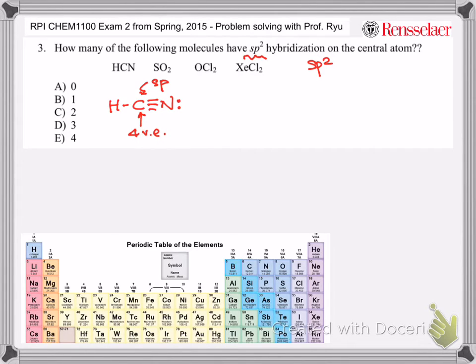And for the case of SO2, now we should think about how to draw it. Once again, the sulfur stands in the middle, in column 6. So there are 6 valence electrons, and you have 1, 2, 3, 4, 5, 6.